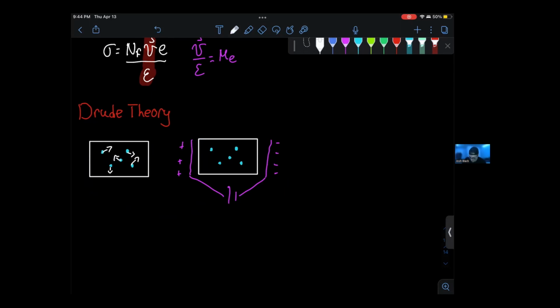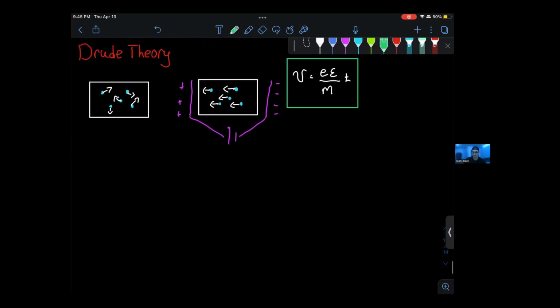So the electrons are pushed in a direction which causes them to drift towards the positively charged side. And this is called our drift velocity. We can calculate this velocity by making it equal to the electronic charge times the electric field applied, divided by the mass of our electrons, multiplied by whichever time we are at after this potential is put onto this plate.